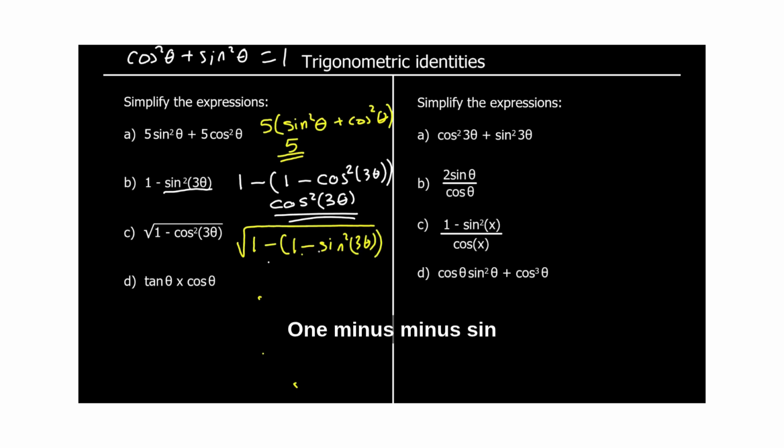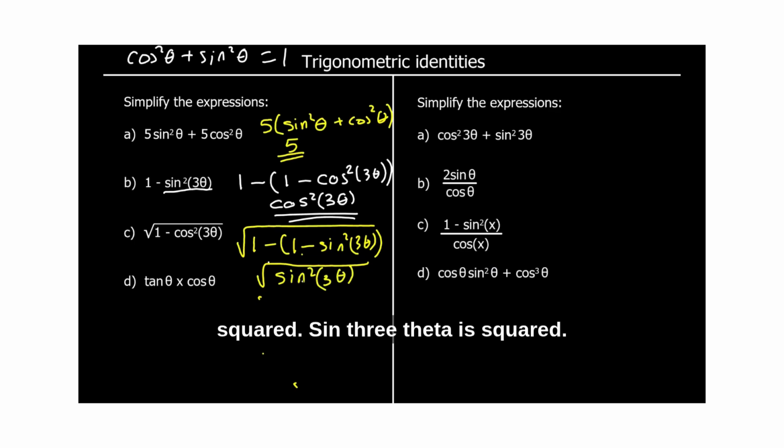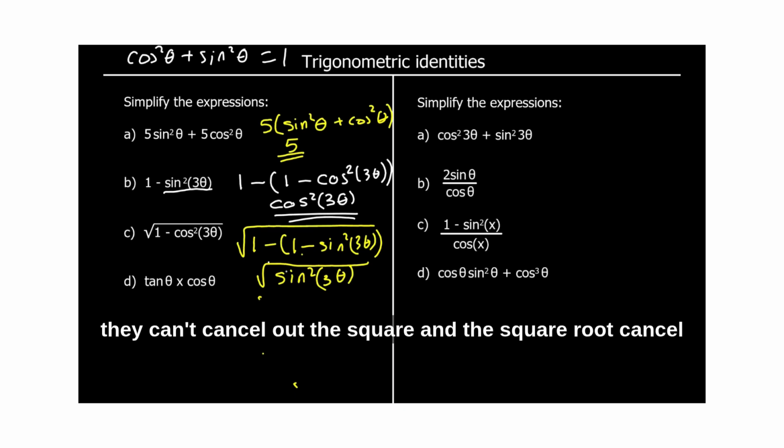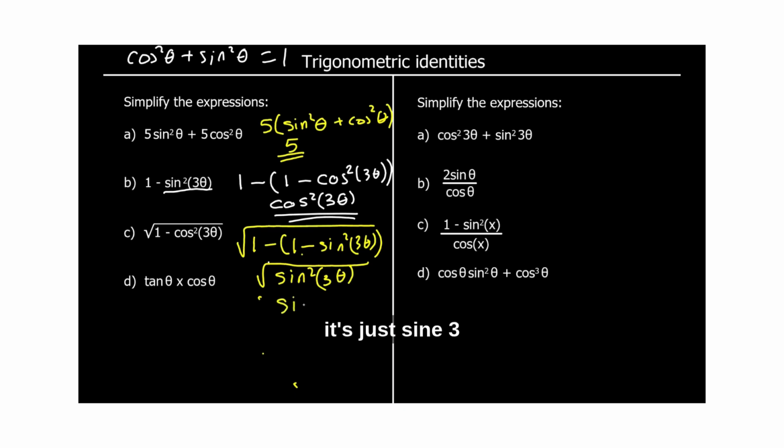Minus minus sine squared 3 theta is just sine squared 3 theta. We've got sine 3 theta squared, and then square rooted, and they cancel out. The square and the square root cancel. It's just sine 3 theta.